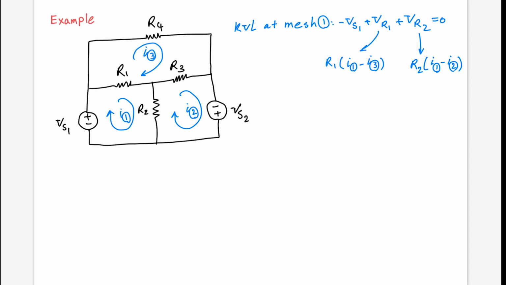Because similarly to what we did for the R1 resistor, in the R2 resistor here, we have two currents going through it. The first one is I1 in this direction, and the other one is I2 in the opposite direction. So the overall current will be the difference of them. That's why we have written it in this form.